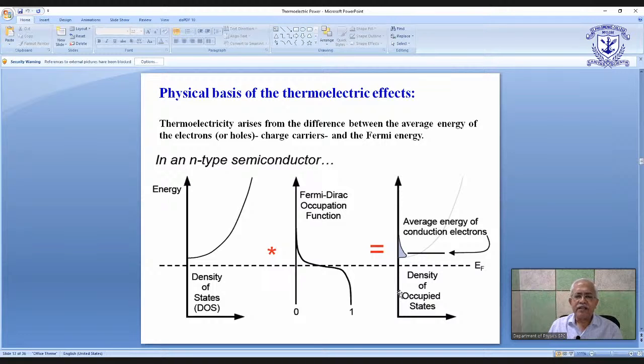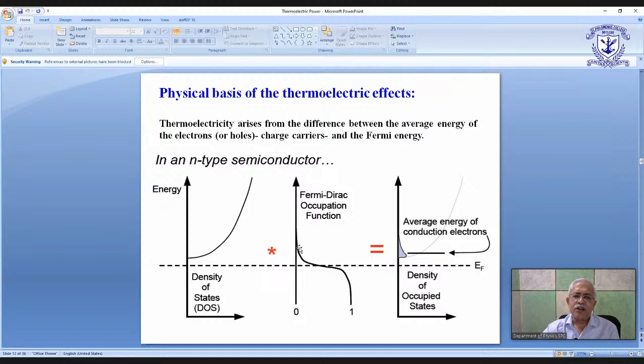As the graph indicates, as it extends into the conduction band, which is above the Fermi level, it reduces to 0. In the valence band, of course, there would be a band gap in between. In the valence band, the value of the Fermi-Dirac function is equal to 1, because all states are occupied in the valence band.